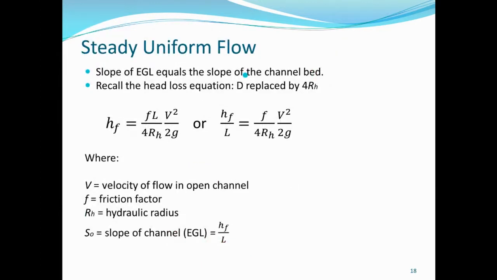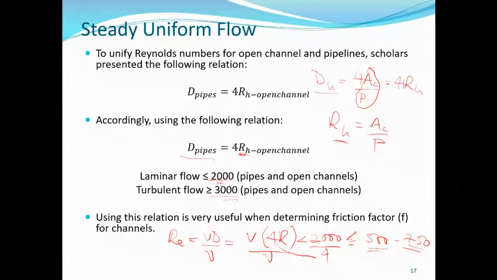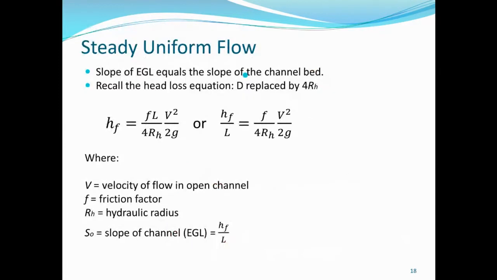Yes. So for steady uniform flow, the slope of the energy grade line equals the slope of the channel bed. And recall the head loss equation using the Darcy-Weisbach equation. We replace D with 4R. D is equal to 4R.